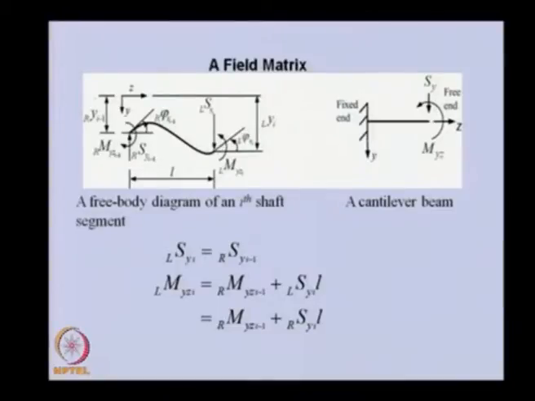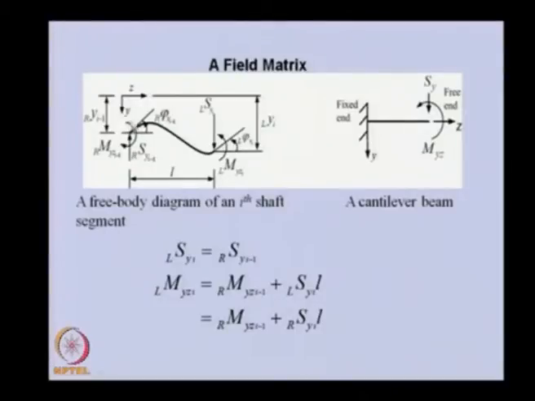To represent the various field or state variables, we use a subscript for right or left with respect to a particular disc. So here we have the i minus 1 disc.